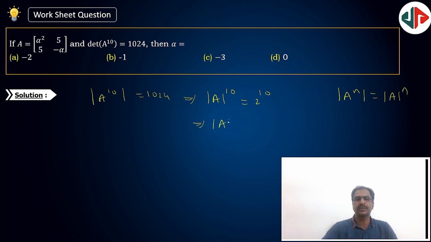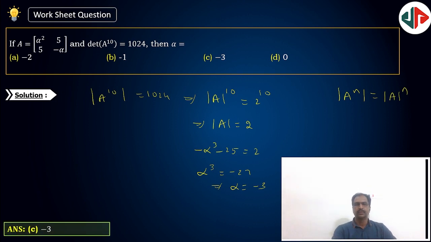From this, det A is equal to 2. But what is det A from the given matrix? Minus alpha cube minus 25 is equal to 2. So from this, alpha cube is equal to minus 27, which means alpha is equal to minus 3. Option C.